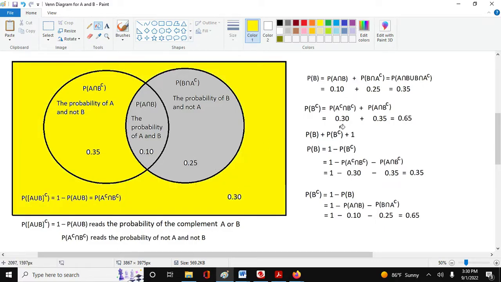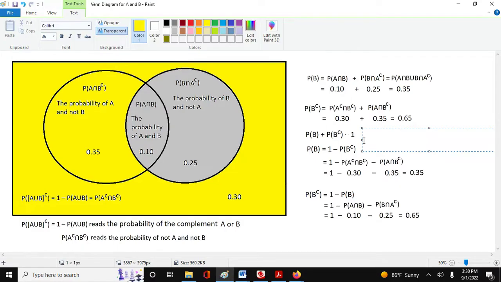If we add these 2 together, we get 0.30 plus 0.35 equals 0.65. Again, using this here, this should say probability A plus B equals 1. I'm going to go ahead and put that in there.